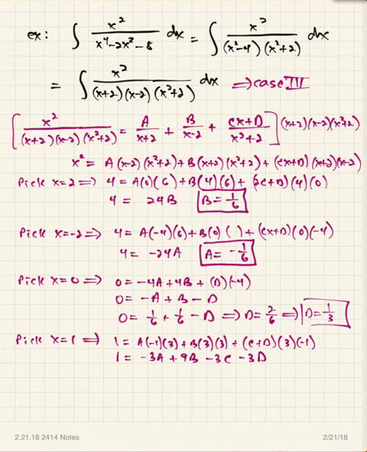All right, and so then you plug in the numbers that you've got up there. So you get 1 is equal to negative 3a, so that's negative 3 times negative 1/6, plus 9b, so that's 9 times positive 1/6, minus 3c, c is what we're trying to find, and then finally minus 3d, so this is 3 times 1/3.